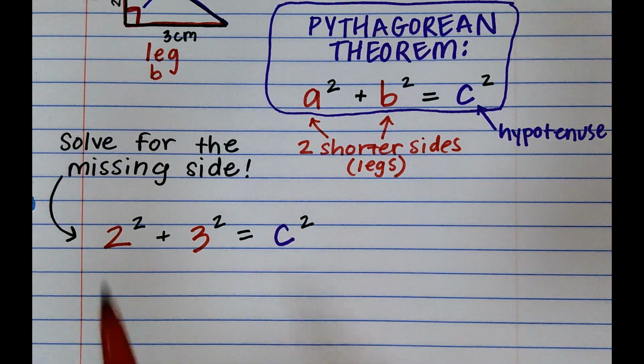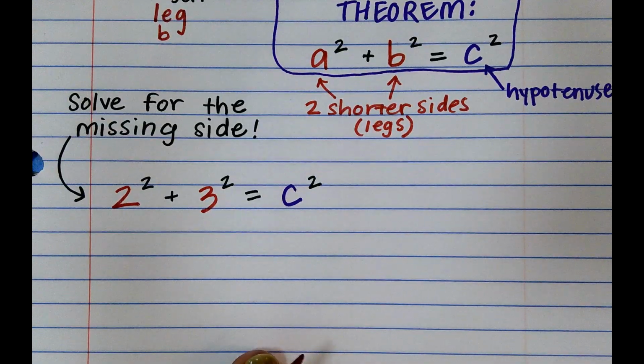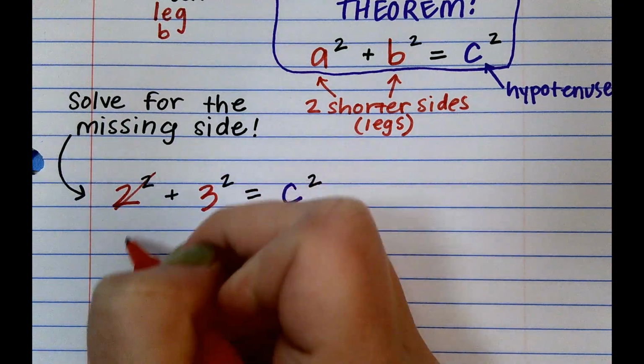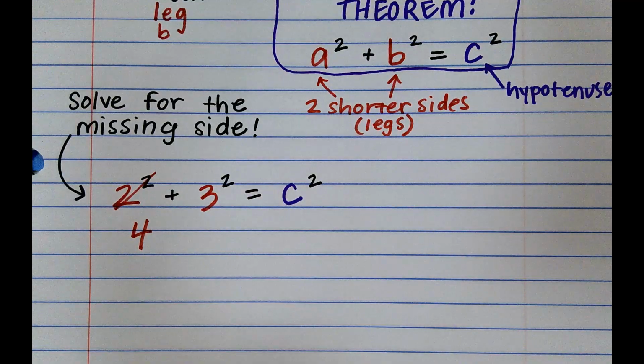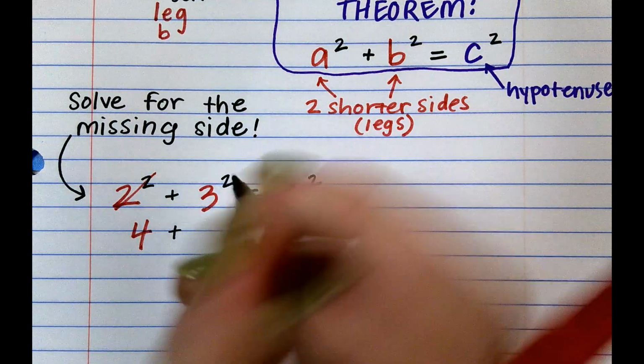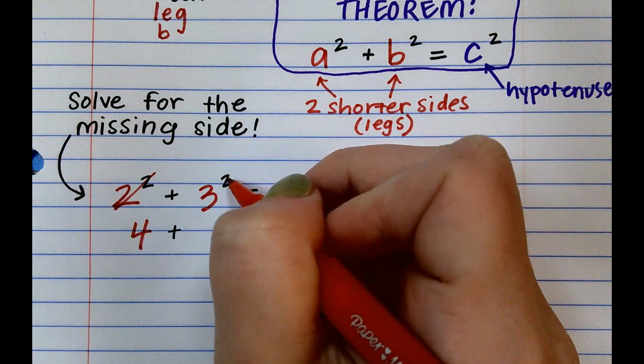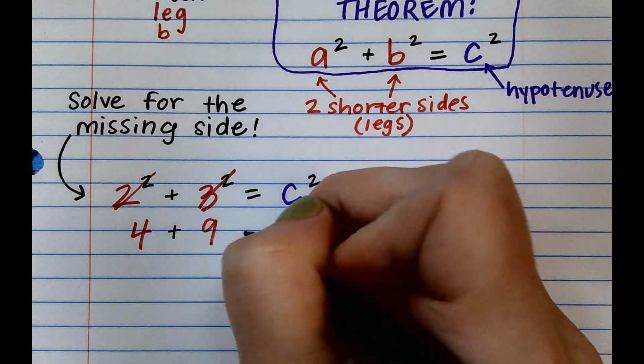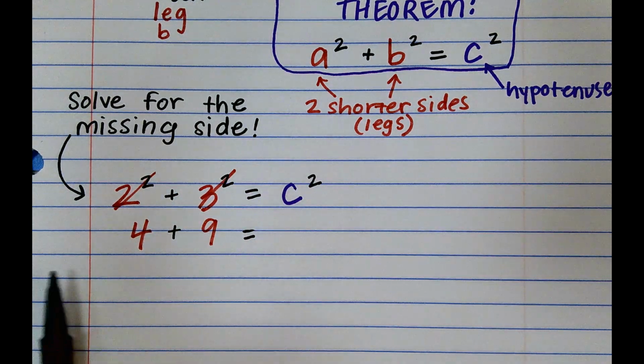So first step, we're going to take 2 squared, which is 2 times 2, which is 4, plus 3 squared. 3 times 3 is 9. Bring down equals C squared.